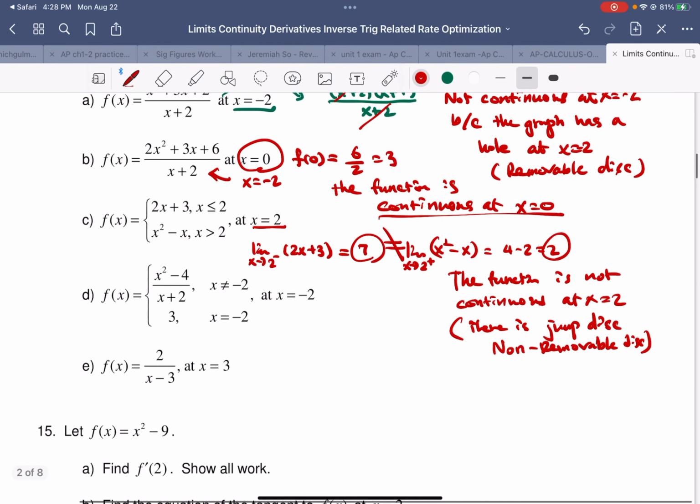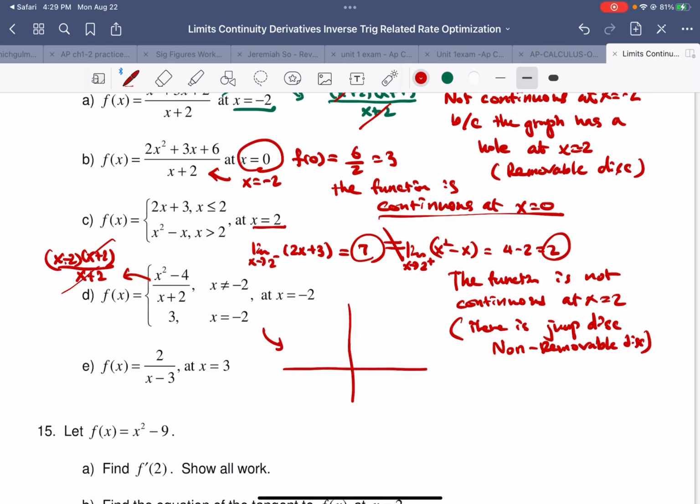Now, next one. The top one, when you factor, (x minus 2)(x plus 2) over (x plus 2). That shows at x equals negative 2, same factor, that's a hole. So for this one, when you graph this piecewise function, when x is negative 2, basically you graph x minus 2.